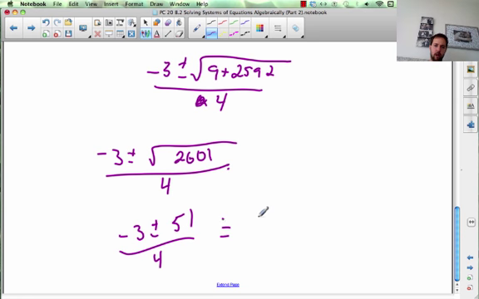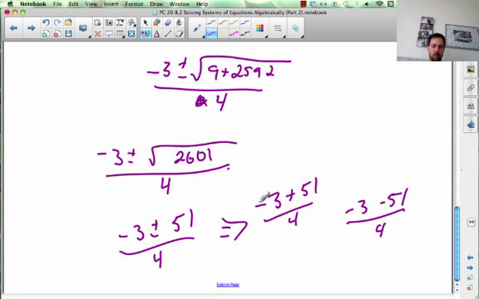So there's two paths here, negative 3 plus 51 all over 4, and negative 3 minus 51 all over 4. So negative 3 plus 51 is positive 48. 48 divided by 4 is 12. So that's one of your x values.